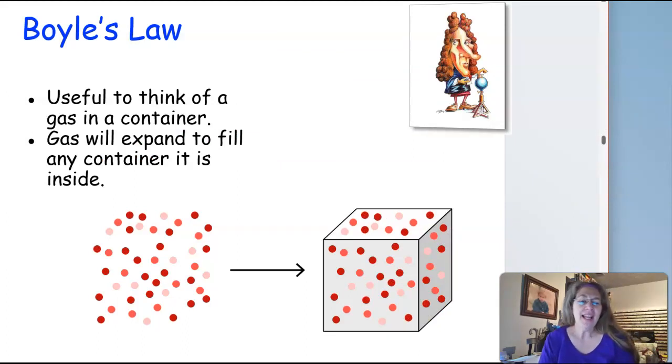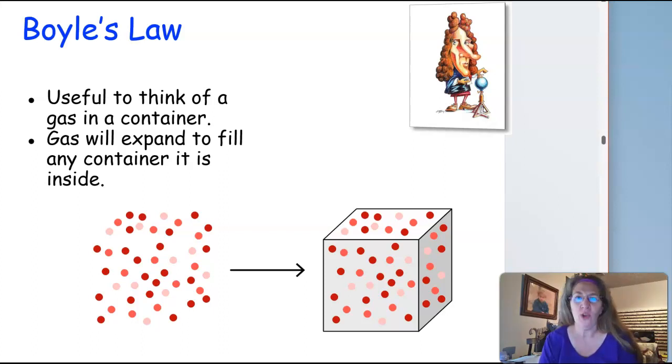So if we have gas in a container, the gas will expand to fill the entire container. So if we had a box, and in the box we put in some helium, at the very first part, the helium is where we put it in the box. But the gas is going to expand to fill the volume of the entire box.